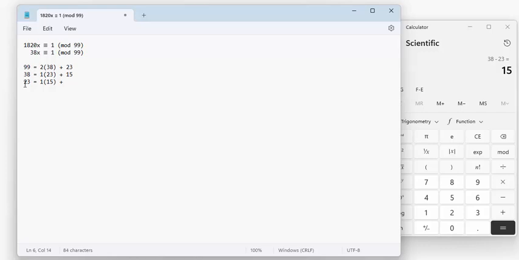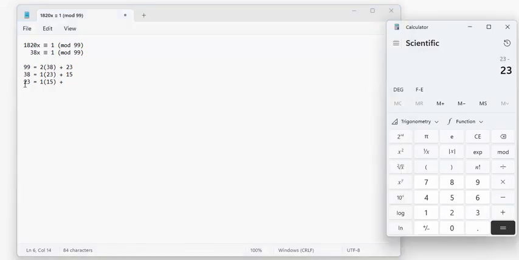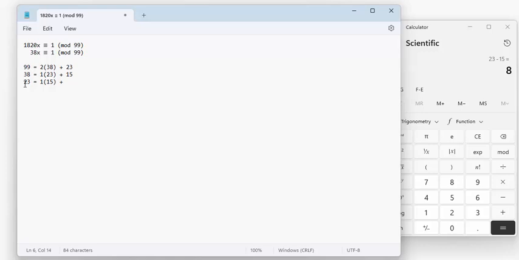Then the remainder is 23 subtract 15, 8. Next is 15 decomposed into 8. This is a 1 plus 7. Next is 8 in terms of 7, 1 plus 1. So by getting a 1 over here, we know that our Euclid's expansion is correct.